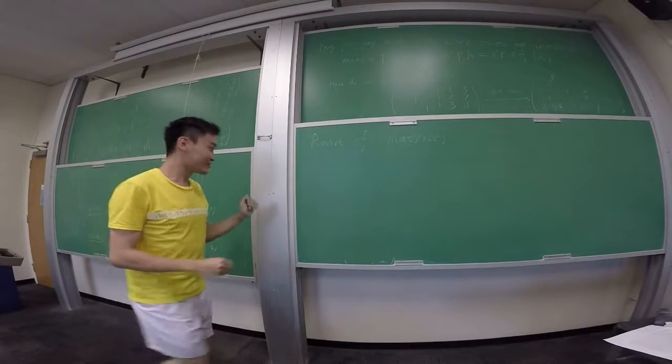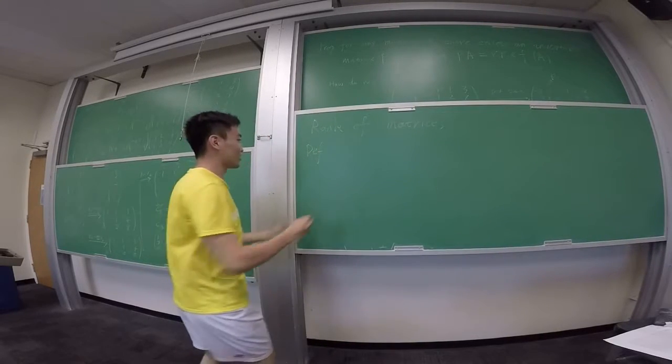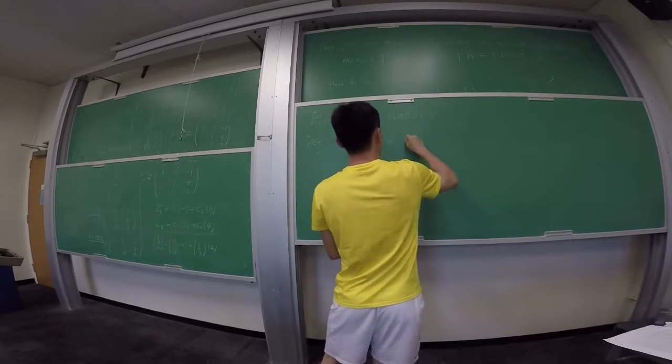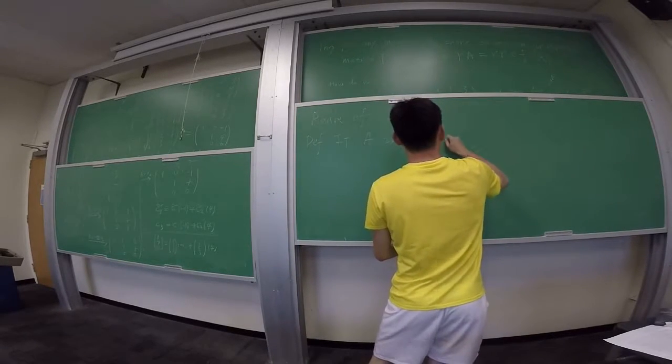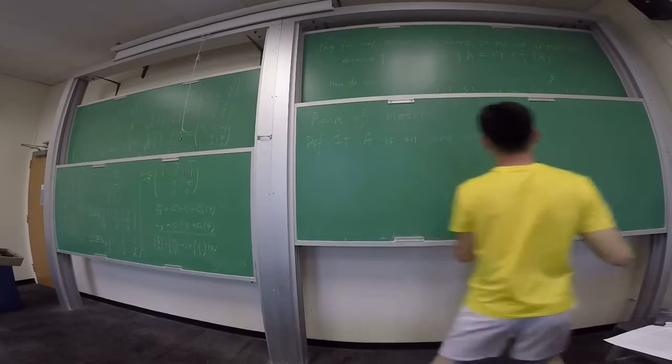Okay, so let's define what rank is rigorously. If A is an n by n matrix, right?